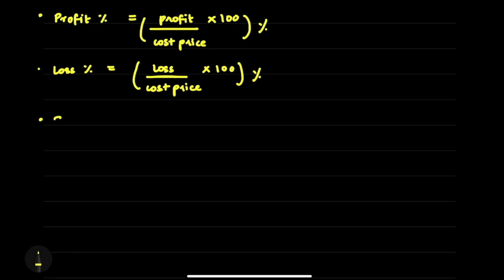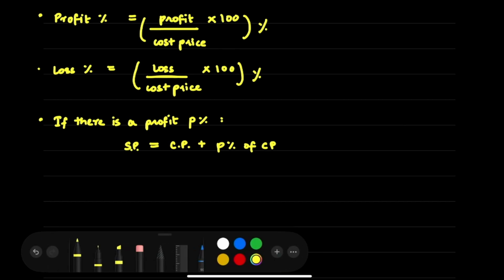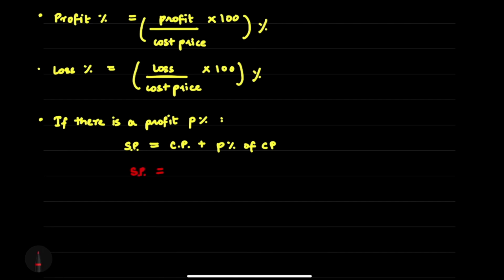Next is, if there is a profit percent, then that can be written as selling price is equal to cost price plus profit percent of cost price. And we've already done this when we were doing the percentage chapter. So I can write this down in a very clear manner as the final thing. So SP would be equal to (1 plus profit over 100) of cost price.